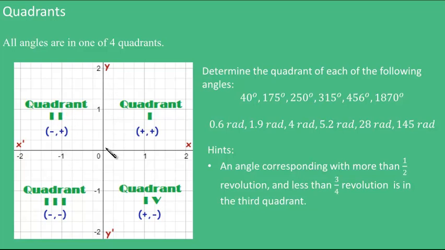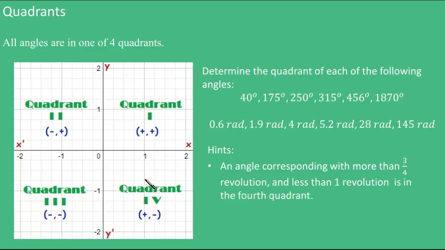If the angle corresponds with a rotation that's between 1/2 of a revolution and 3/4 of a revolution, 0.5 and 0.75 of a revolution, then it's in quadrant 3. Remember, we're talking about revolutions, right? So here, for example, if the angle corresponds to a rotation that is between 0.75 of a revolution and 1 revolution, then it is in quadrant 4.